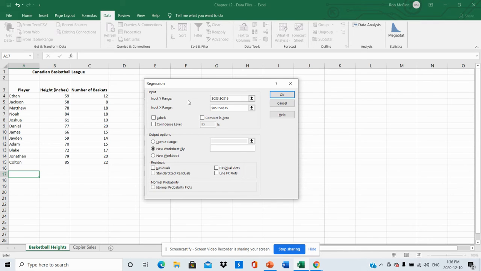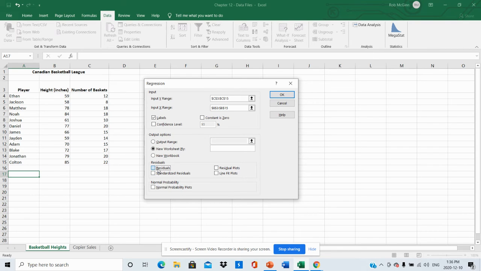So now we've got our Y values and X values both in there. If you selected the labels, make sure you check off the box for labels. We don't have to worry about the box that says constant is 0. Leave that unchecked. Same thing with confidence interval. We're not dealing with that, so we can leave that unchecked.